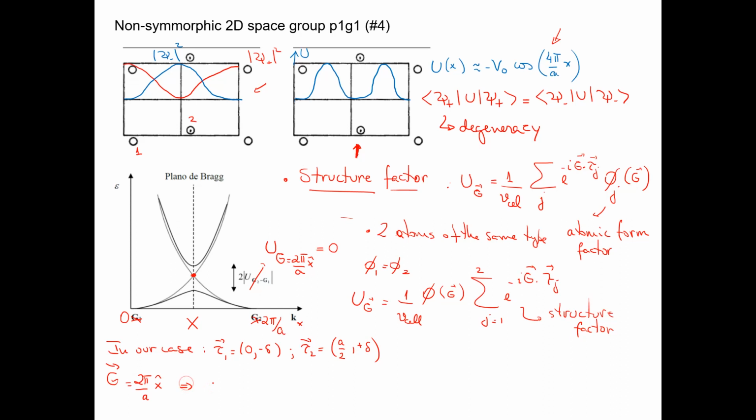So the structure factor is going to be the sum over j of e to the minus i G dot tau j, and this is 1 for this guy, plus e to the minus i pi for this other guy, and that gives me 0.